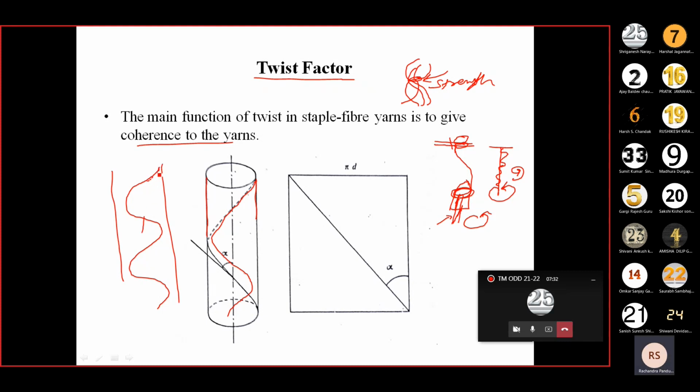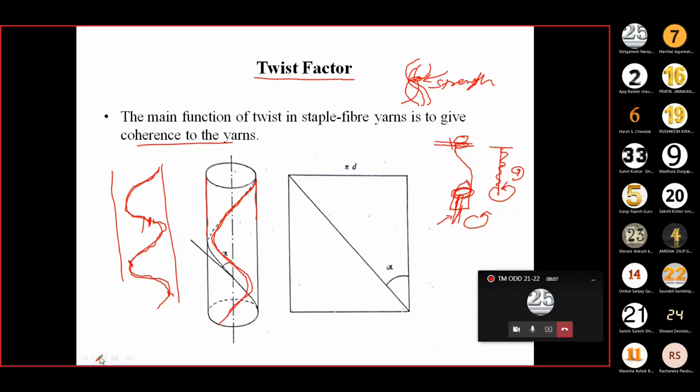It starts from the surface, goes to the center, again tries to go to the surface, but it will settle somewhere in between. There might be another fiber which starts its journey from this point and it may settle here. There might be another fiber which starts from this point and it may be settled down here. Likewise, in short, our fiber follows a helical path during the twisting operation.